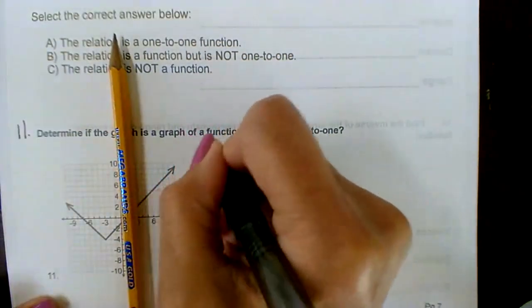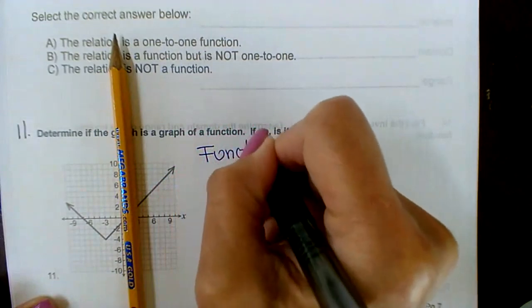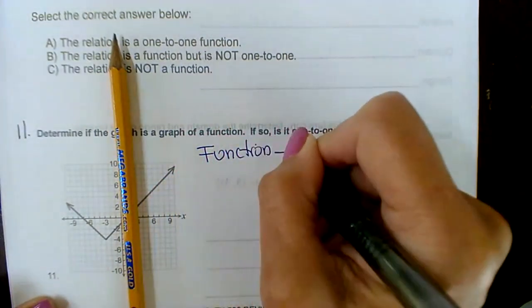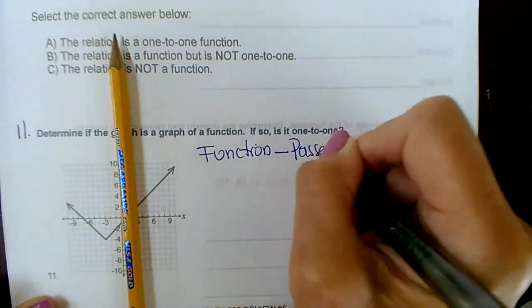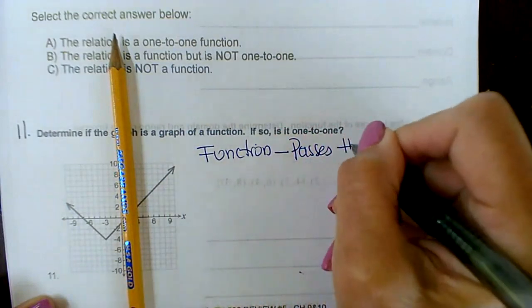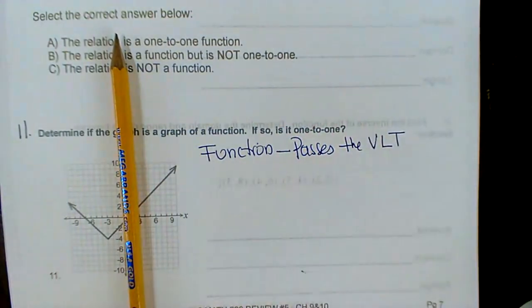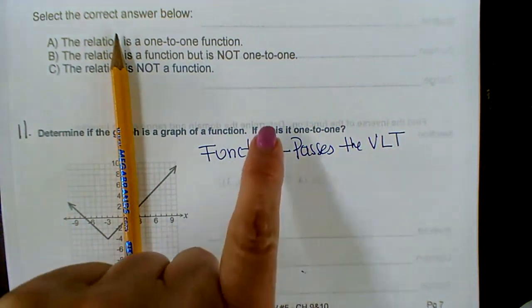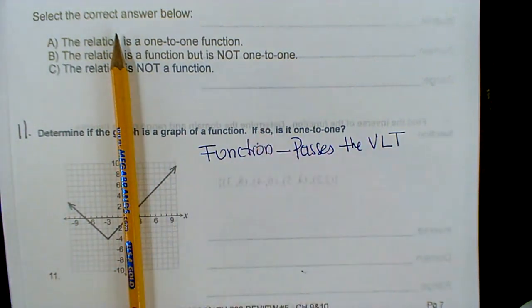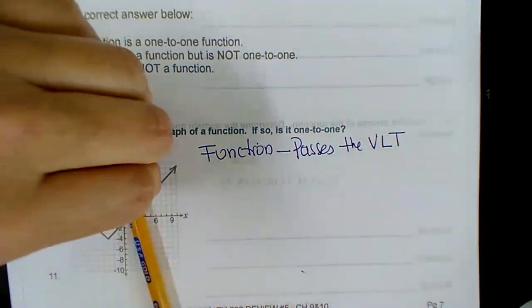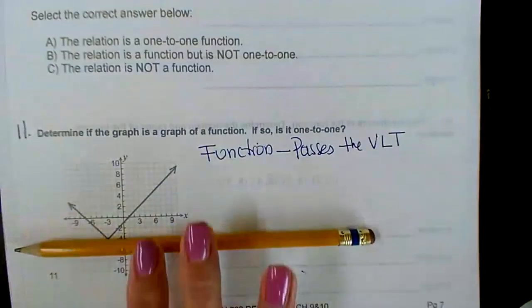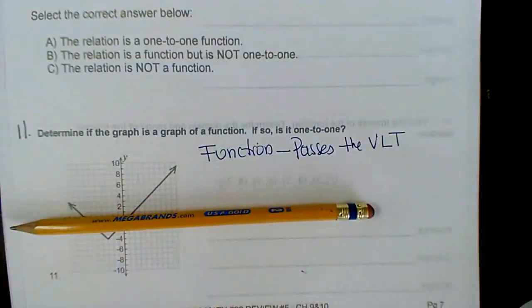So we're going to say it is a function. Why? Because it passes the vertical line test. It is a function. Now, it's asking me if it's a one-to-one. Is it a one-to-one? No, right?